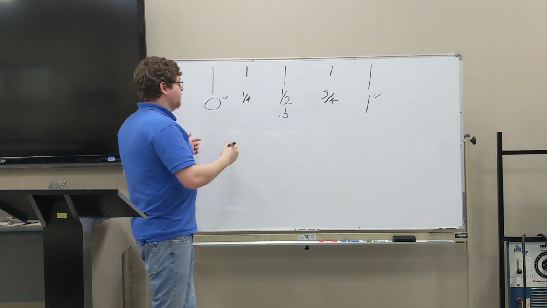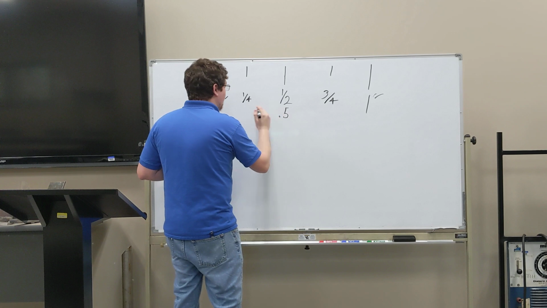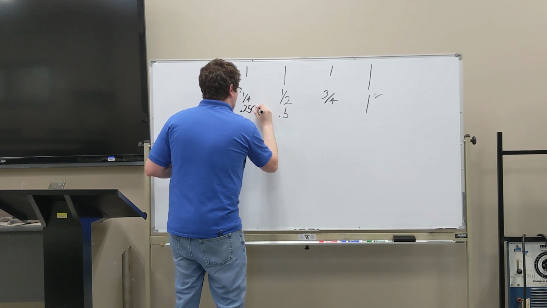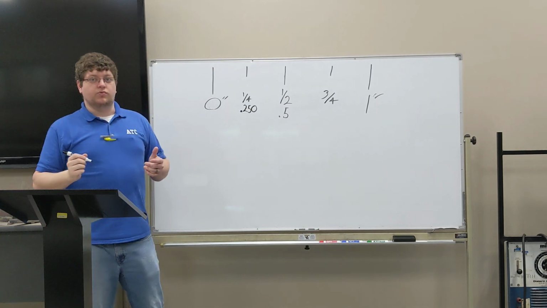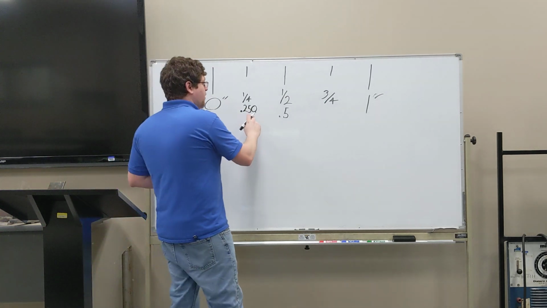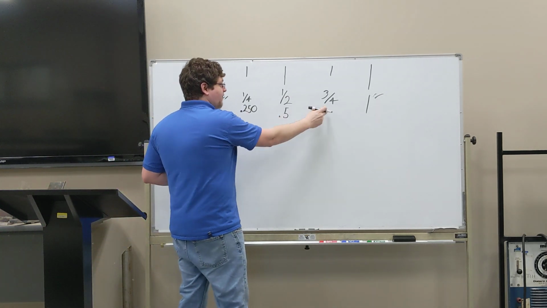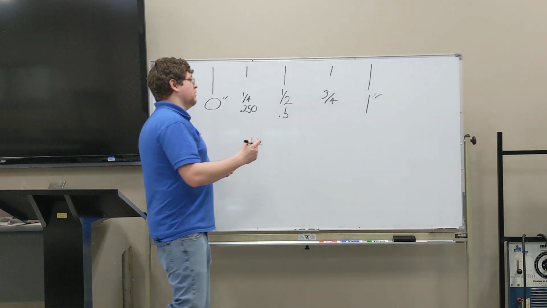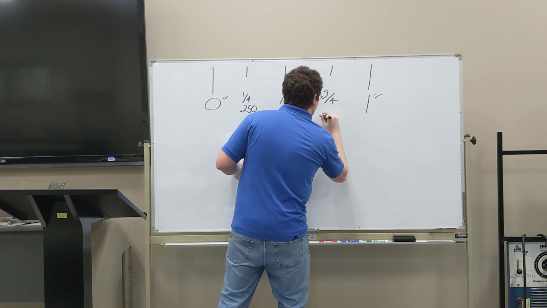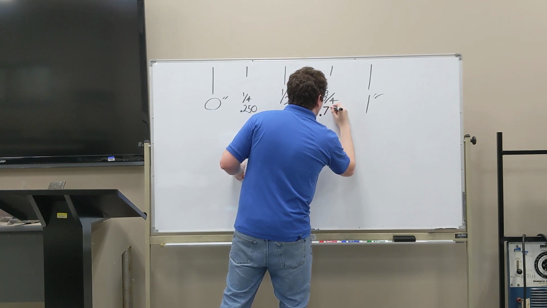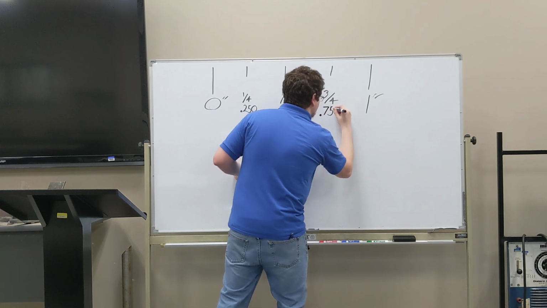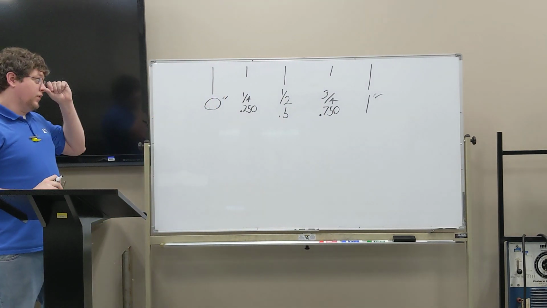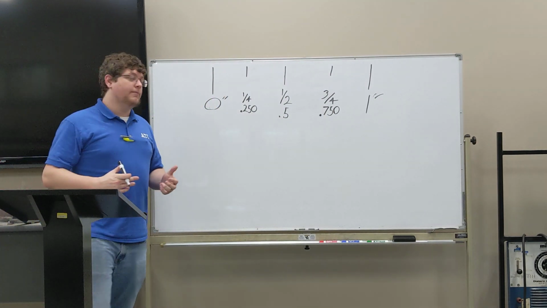Another one for quarter. If it's 0.5, we go half of that: 0.250. 1/4, half, to 3/4. 3/4 is 1/2 plus 1/4, so 0.750. Your next ones after that are going to be an eighth.